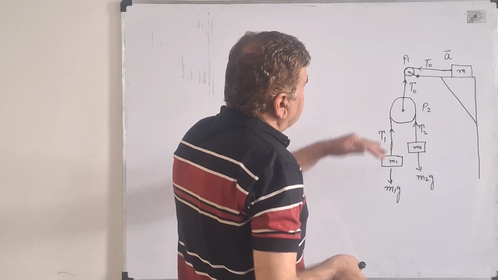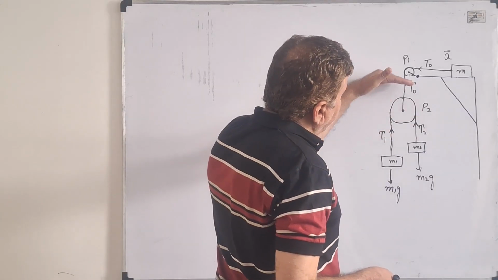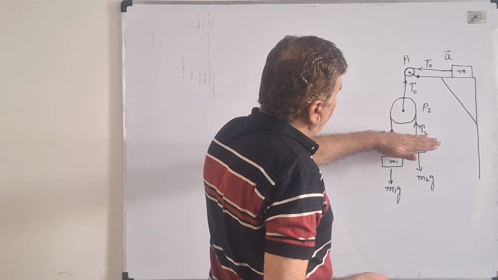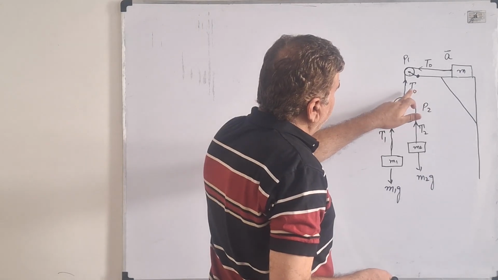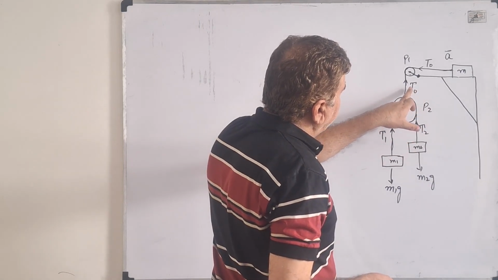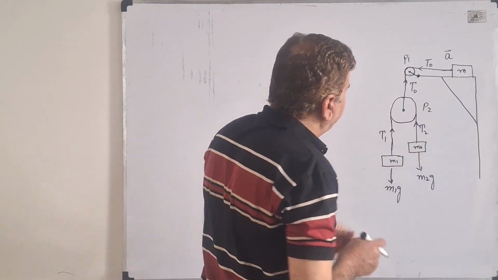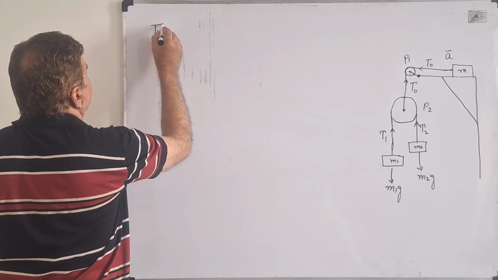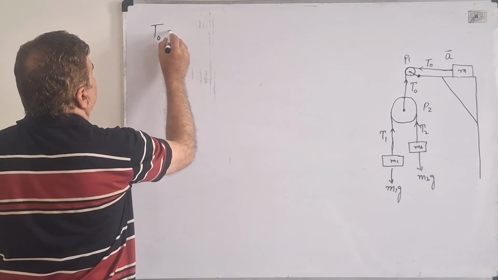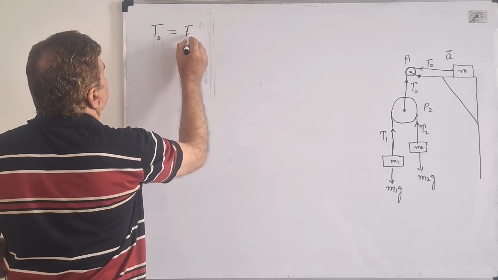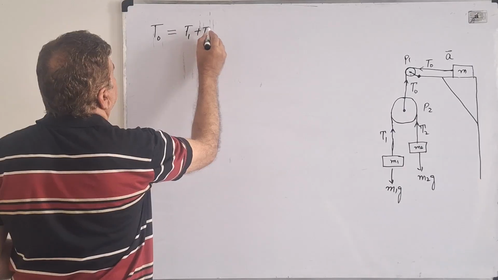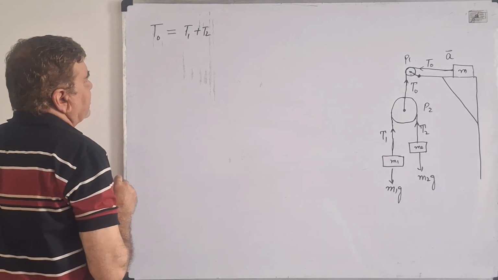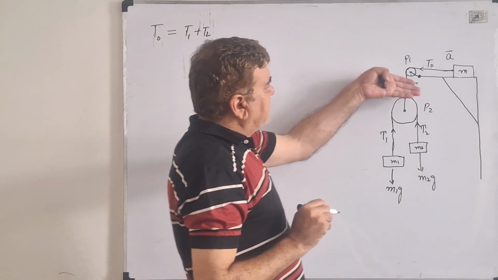Now, since this tension is supporting these two tensions, from this geometry we see that T naught must be equal to T1 plus T2. That is the first equation that I establish: T naught equals T1 plus T2 in magnitudes.